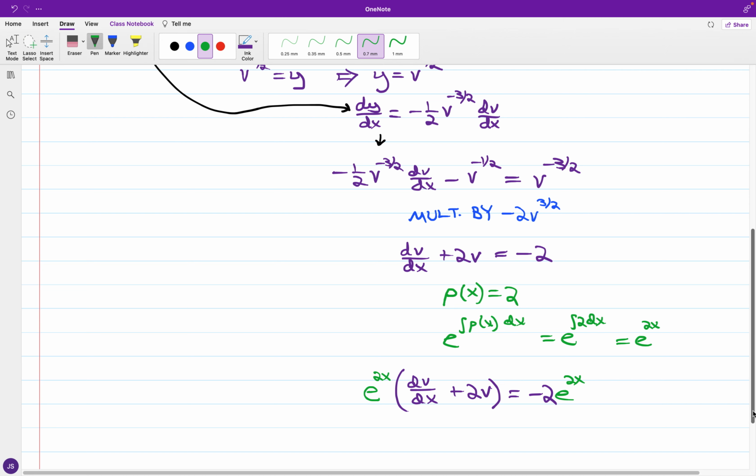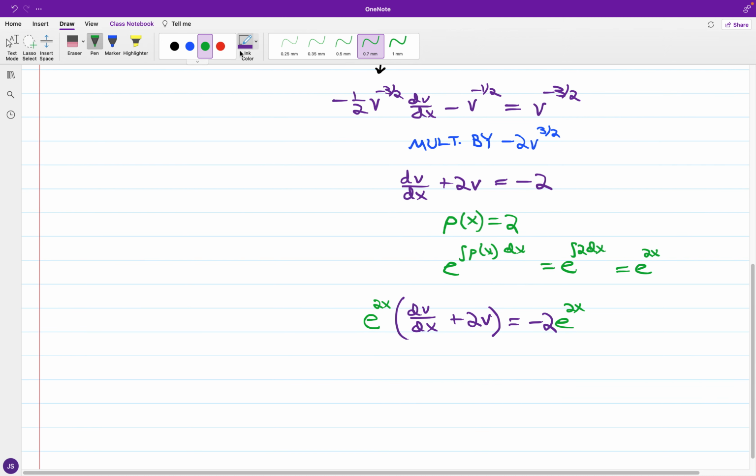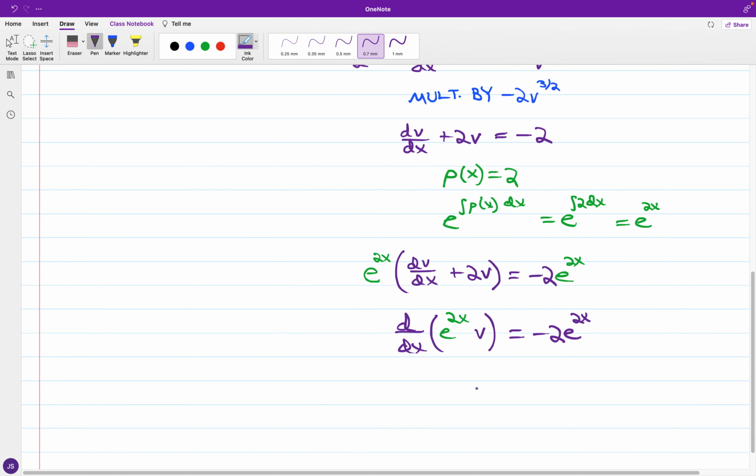On the left-hand side, if you were to distribute, we would have the derivative in x of the product of the integrating factor, e to the 2x, times the dependent variable, which we have with the substitution letter v. Again, this is equal to negative 2 times e to the 2x, and integrating on both sides.